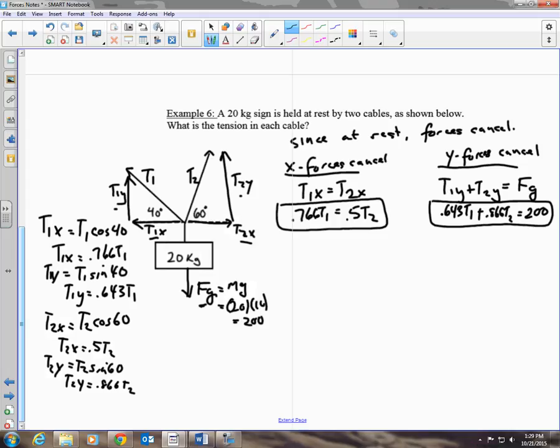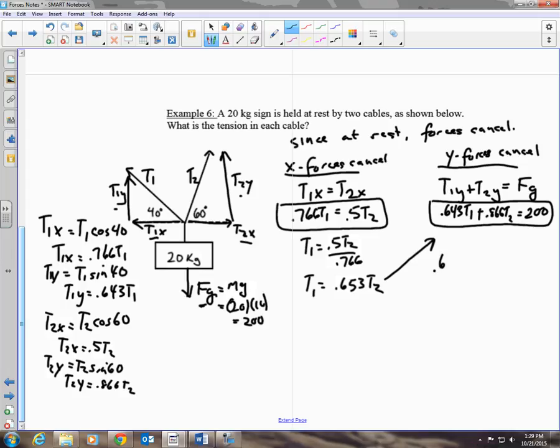So if I divide both sides over here by 0.766, I get T1 is 0.5 T2 over 0.766. That gives me T1 equals 0.653 T2. Then I'm going to take and plug that in over here for T1.